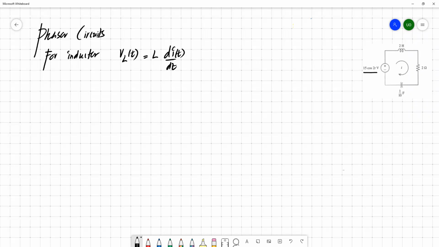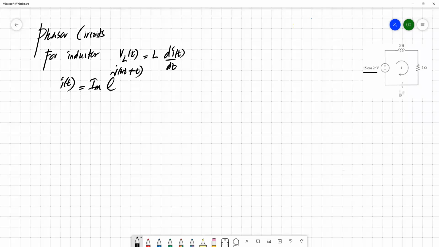This is the fundamental formula which describes the relationship between voltage and current. Let's assume that the current flowing through the inductor follows this format: Im e to the power j(omega t plus theta).